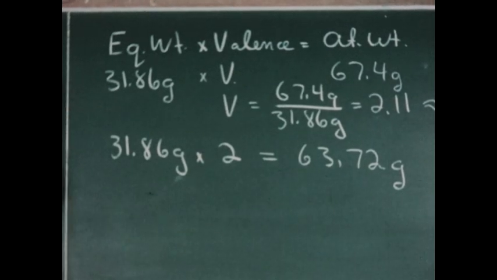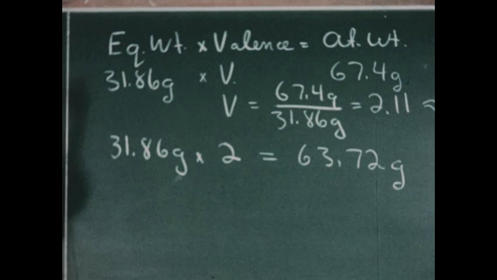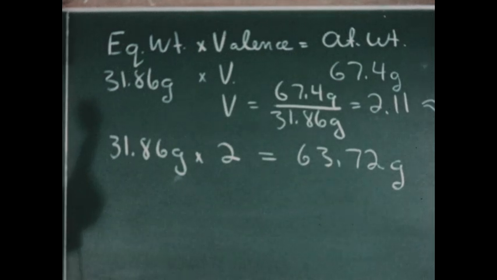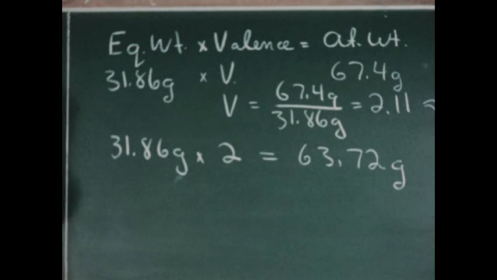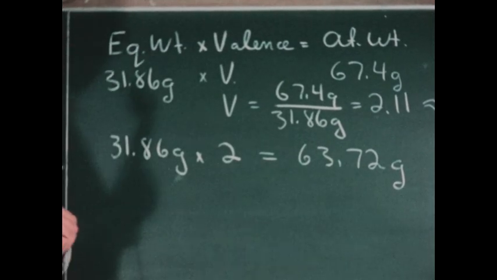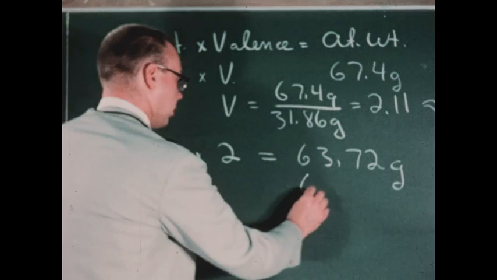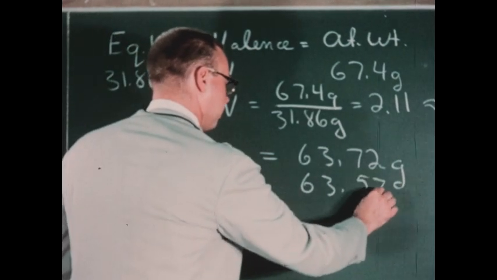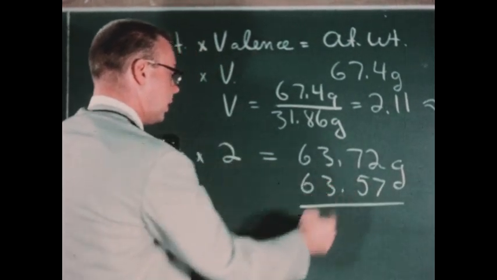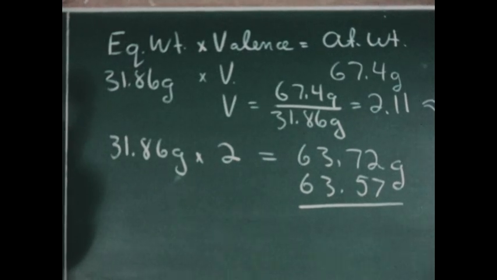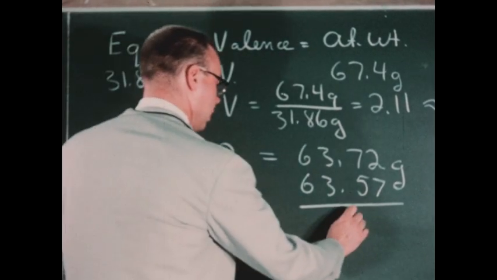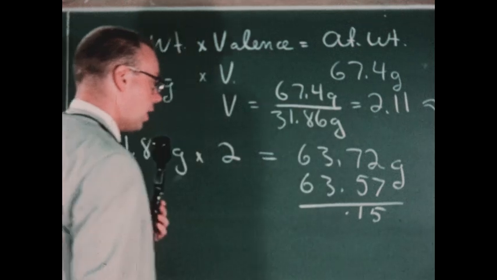Now, this experiment was not done with the utmost possible precision, and as a result, we have, as usual, introduced a small error. By consulting a table of atomic weights, we find that the recognized value for the atomic weight of copper is 63.57. Our determination, then, is a good check on the accepted value, differing by only 0.15.